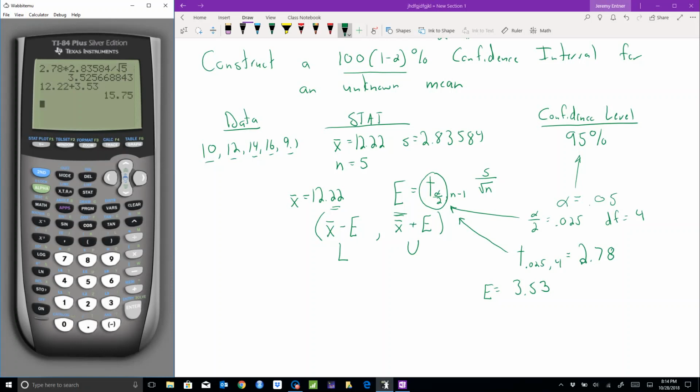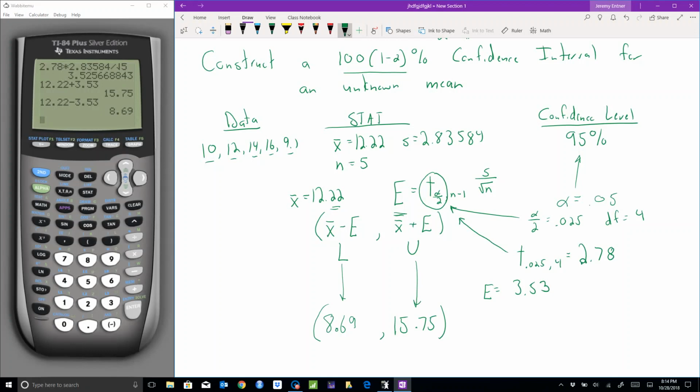That will give me my upper value of 15.75. And then I'm going to do the same thing, just subtracting that margin of error with a minus there. And so I'm going to hit enter, and I'll get my lower value of 8.69. So there's the lower value, there's the upper value.